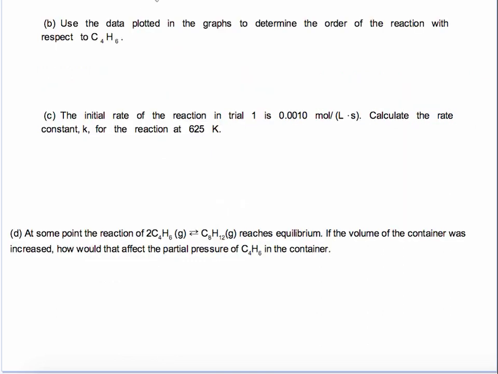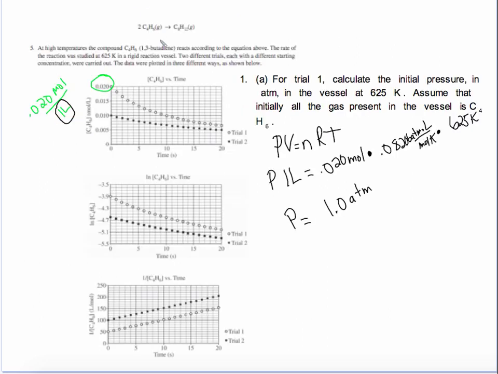Okay, question number 2. Use the data in the plotted graphs to determine the order of the reaction with respect to C4H6. So if you go back and look at the graphs, you can see that if this was a straight line, but it's not, it's a curve, that would be 0 order if the concentration over time is a straight line.